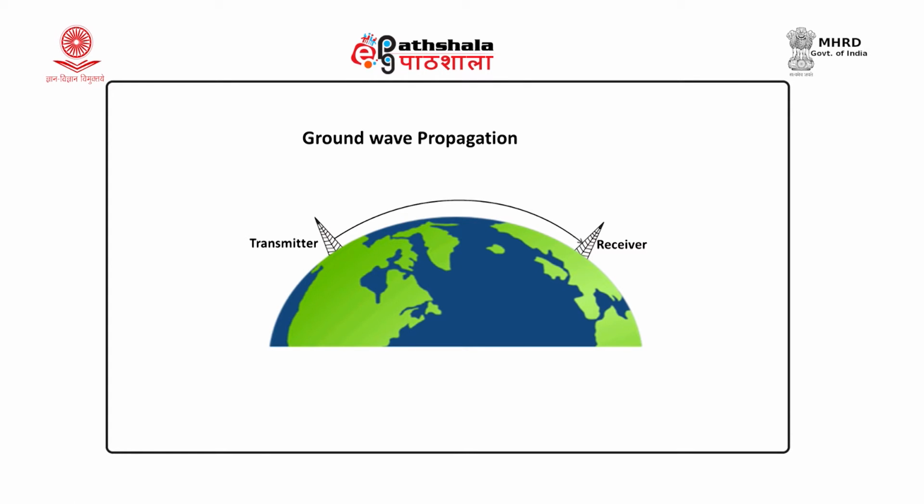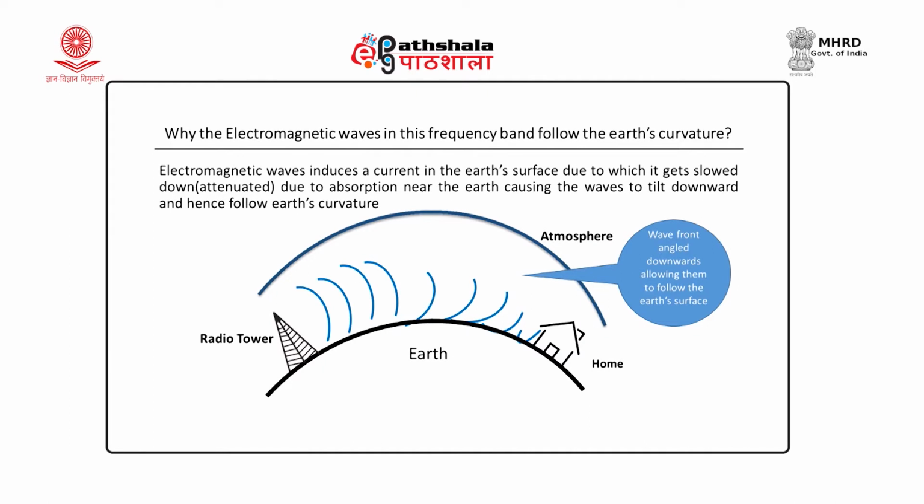Now, let us understand why it follows the curvature of the earth or why it is travelling so near to the ground. Electromagnetic waves induce a current in the earth's surface due to which they get slowed down or attenuated due to the absorption near the earth.